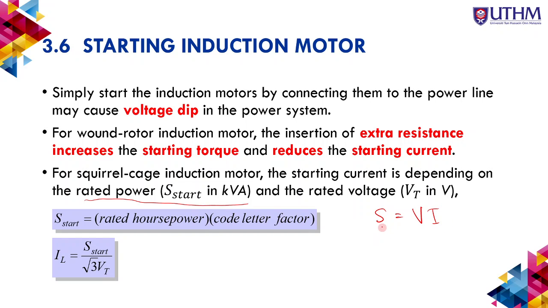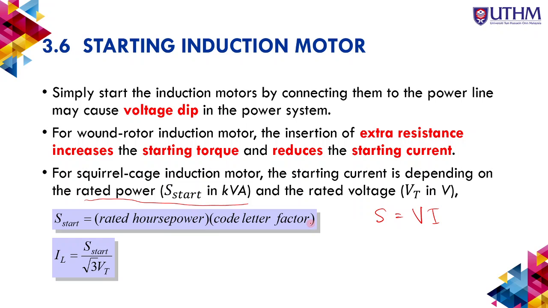This is not the slip, but the apparent power, or the rated power. So the apparent power at start is equal to the rated horsepower times the code letter factor. In the next slide we will see the code factor.